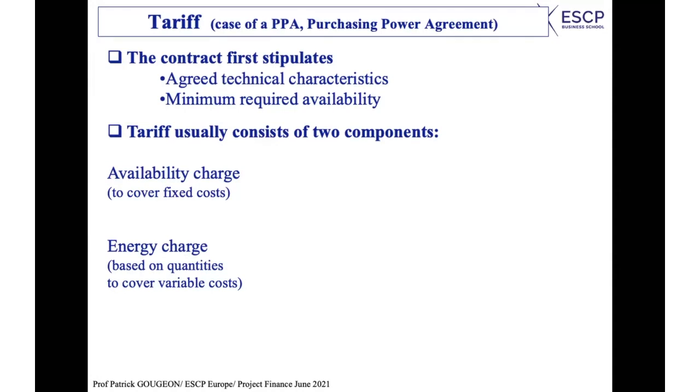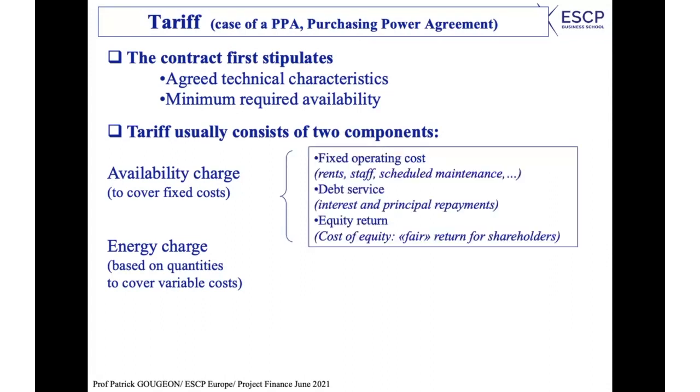So what is the availability charge made of? The fixed operating cost, typically scheduled maintenance. Whether you use the plant or not, for safety reasons, you have to make sure that the equipment is working and in good condition. You have some staff, and whether you produce or not, you have fixed personnel you still have to pay.